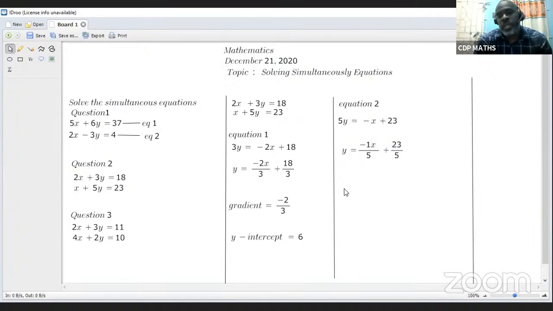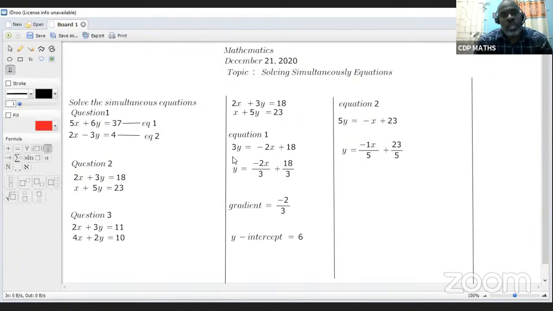Not a problem with that. On the graph, you're going to have to write it like that nevertheless, right? So our gradient is negative 1 over 5.